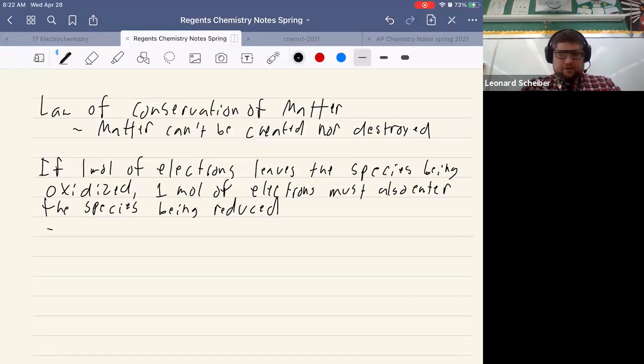So really what we can do is we can follow the path of electrons to balance out a redox reaction.